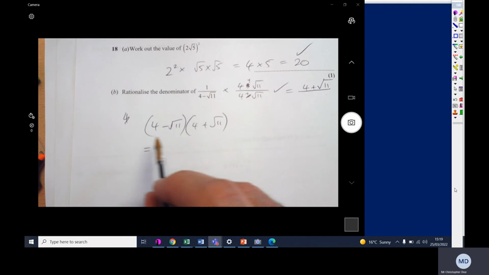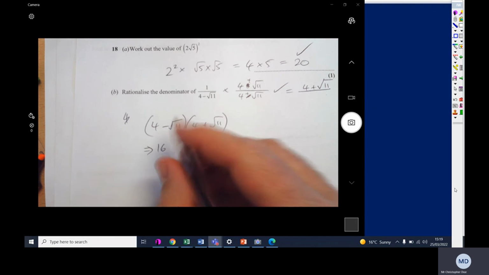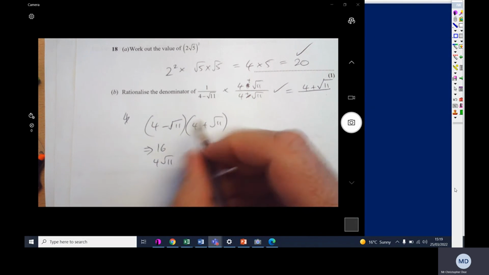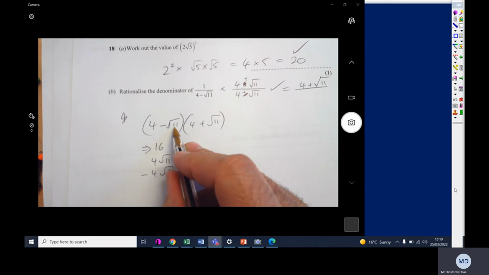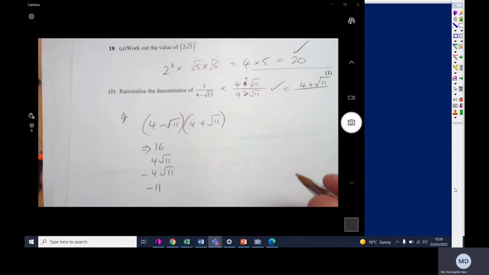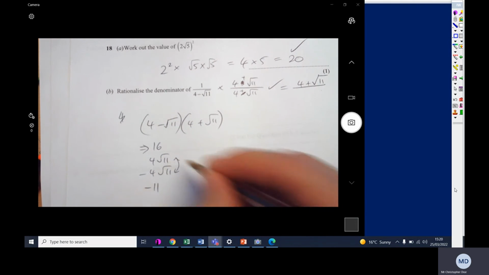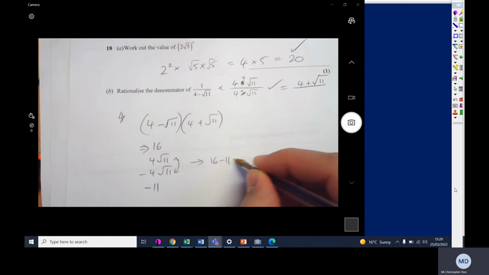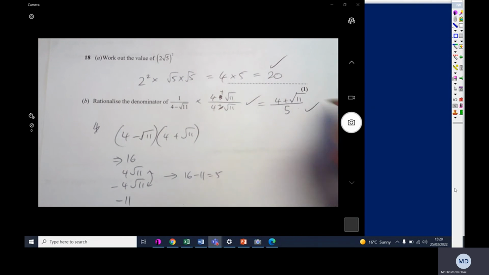Which is, using FOIL, the firsts are 16, the outers 4 root 11, the inners minus 4 root 11, and the lasts minus root 11 times plus root 11 is just minus 11, because root 11 times root 11 is 11. These two cancel out to make 0, so I'm going to end up with, after all that, 16 minus 11, which is 5. So my final answer is 4 plus root 11 over 5.